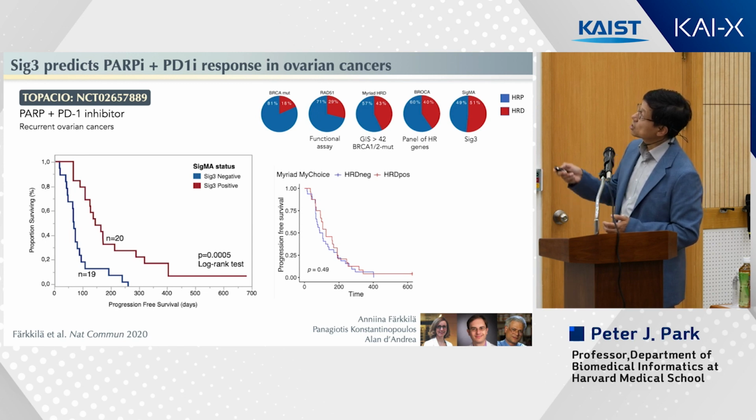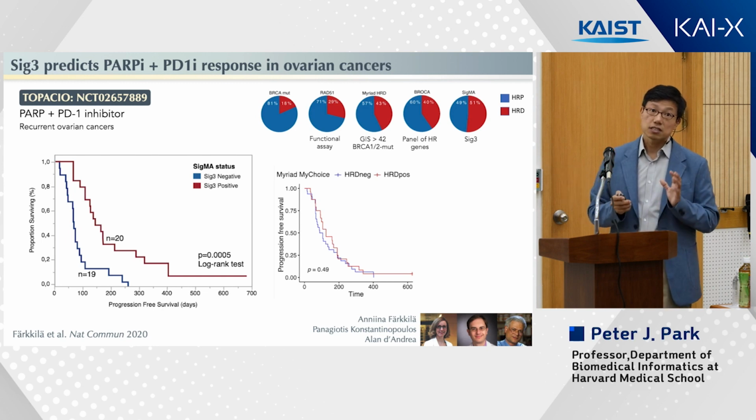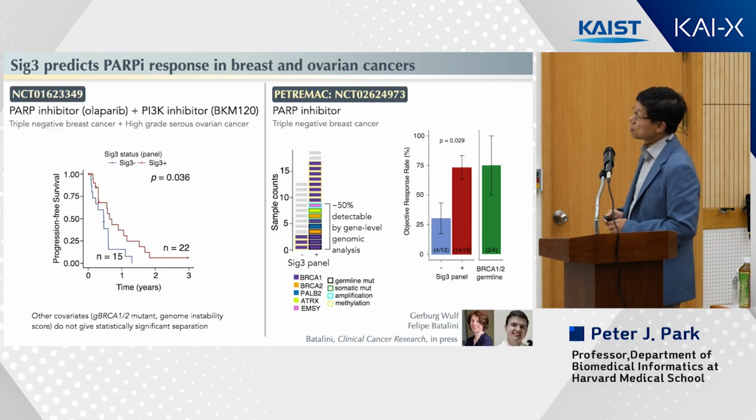If you look at some other assays, this is a functional assay that's done in the lab sometimes. This is the $4,000 test that you can do. We do better than all of them. The commercial assay doesn't give you that separation. So we think that this idea of detecting signature 3 is a good one.